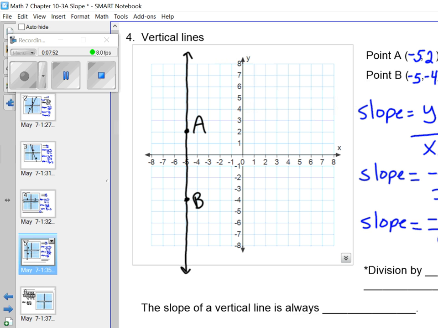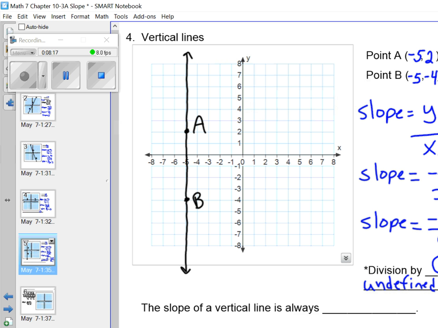Well, this does cause a problem. We cannot solve division by 0. Division by 0 is what we call undefined. And the truth is, you can't solve this. If you try putting that into a calculator, it will come back with an error message.